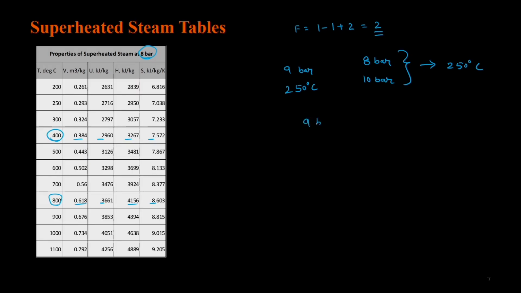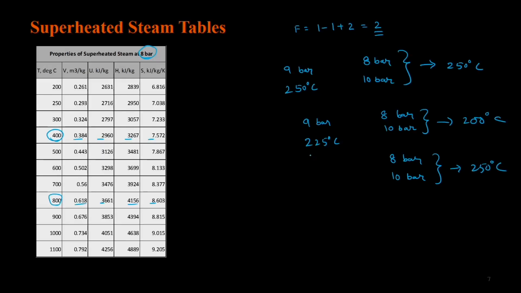Otherwise, if I need it at 9 bar and say 225 degrees centigrade, then I first need to do an interpolation for 9 bar and 200 degrees centigrade. And then I do an interpolation between the tables at 8 bar and 10 bar, again for 9 bar at 250 degrees centigrade, right?